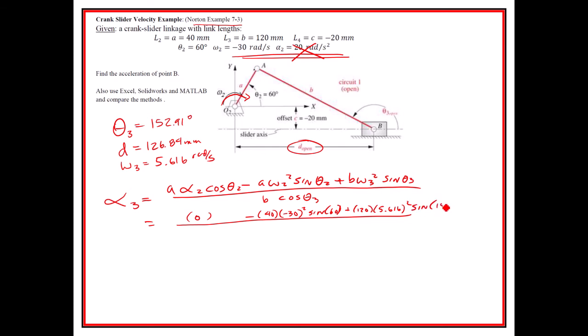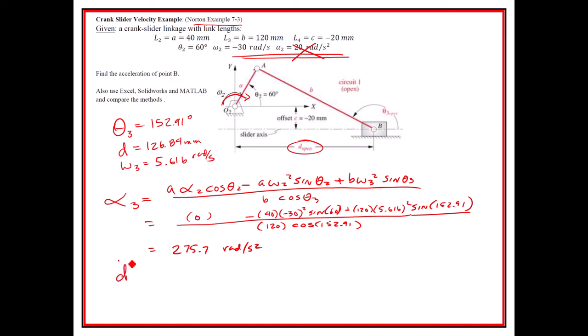Sine of 152.91, and all of that divided by 120 cosine of 152.91. And we end up with an alpha 3 of 275.7 radians per second squared.